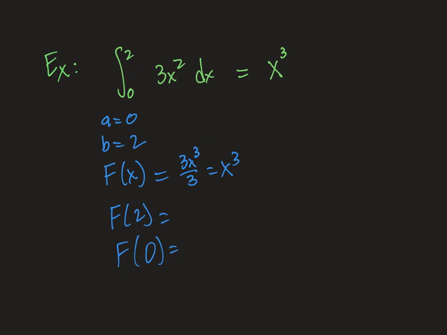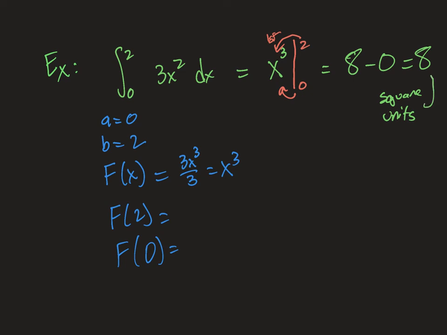And then to indicate that we're going to plug two numbers in, you put a straight bar, not a squiggly integral bar, a straight bar, and on the right side, you put your two numbers. So the number 2 goes in first. Then the number 0. And the calculation that we have is 8 minus 0, which is 8, and that's square units, or units squared, because this is an area.